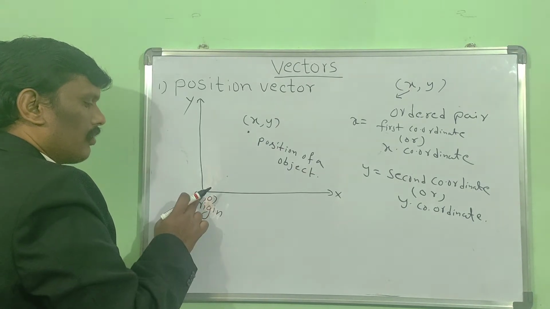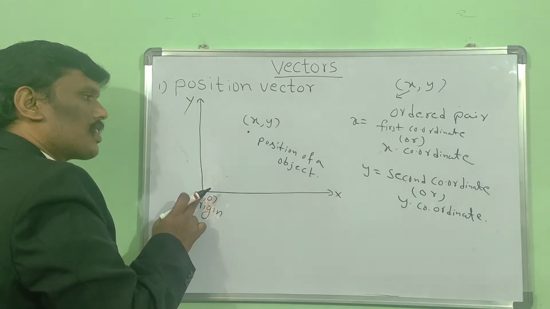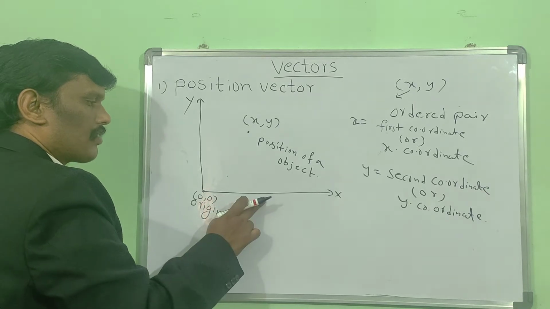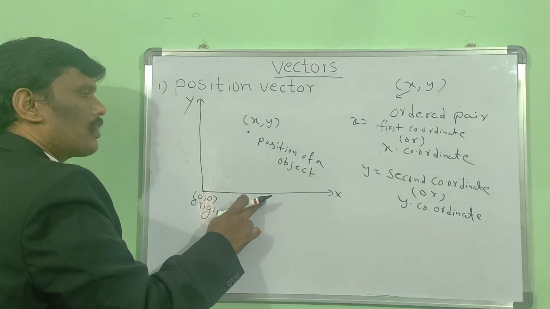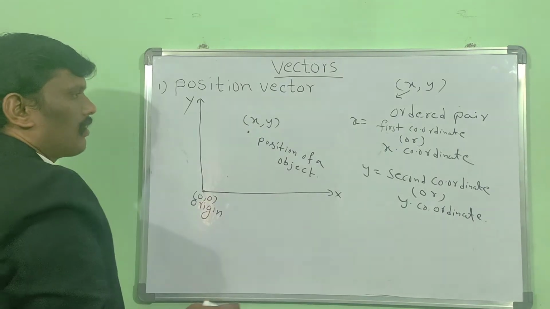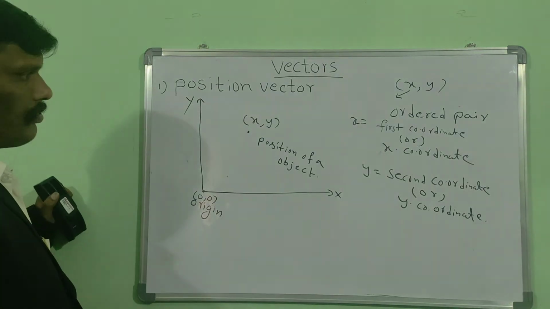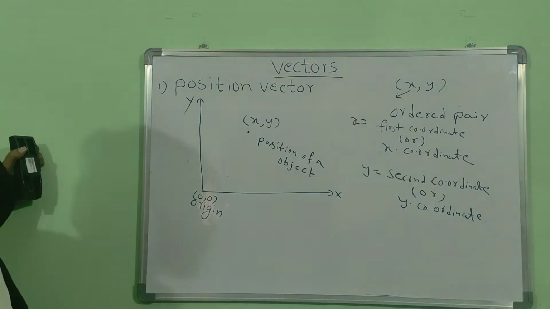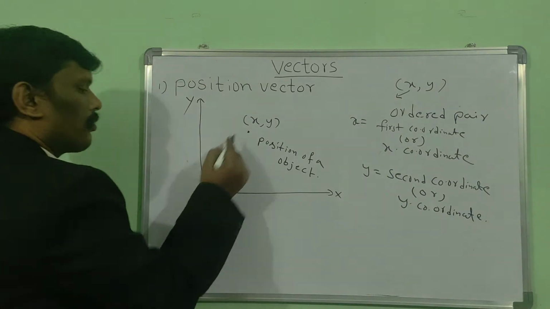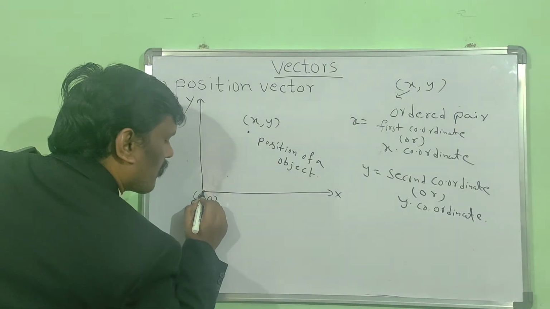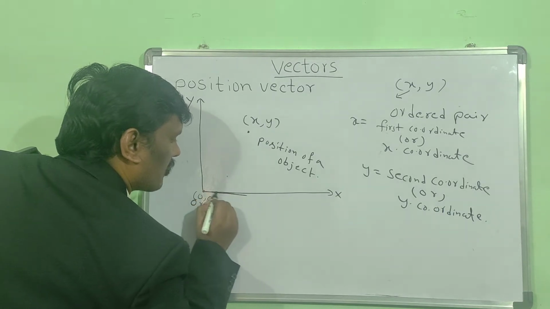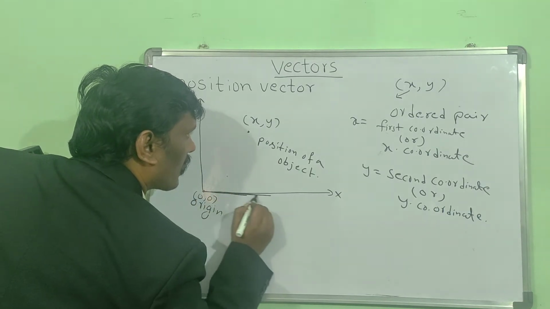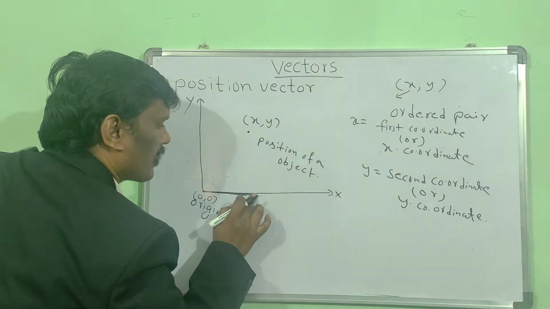From the origin, how much distance do I need to travel along the x-axis, and how much distance along the y-axis or parallel to the y-axis? The x coordinate means I need to travel x units along the x-axis to reach here.